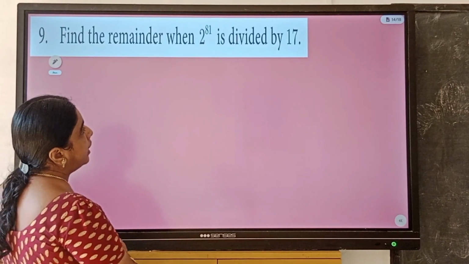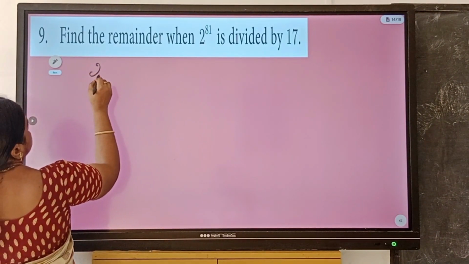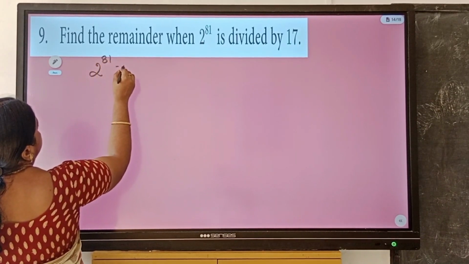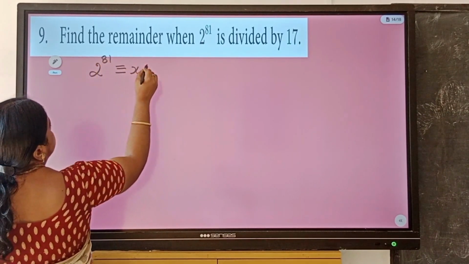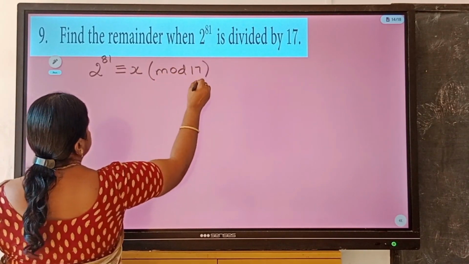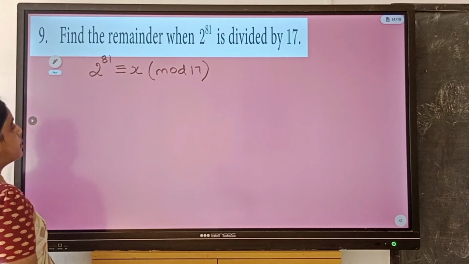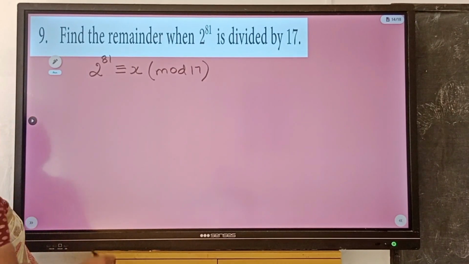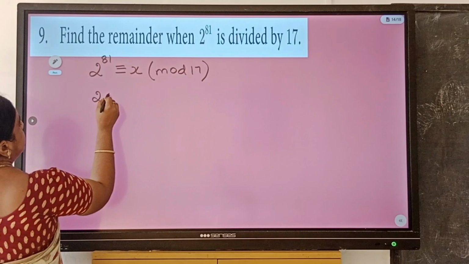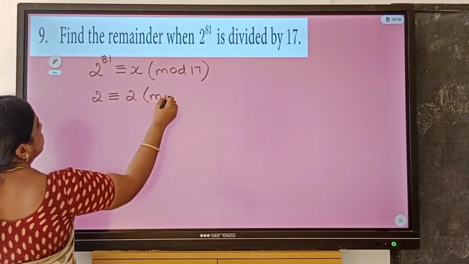When 2 power 81 is divided by 17, so 2 power 81 is congruent to x mod 17. So this is what has been given as statement, and we have to find the remainder. So 2 power 81. We all know 2 is congruent to 2 mod 17.